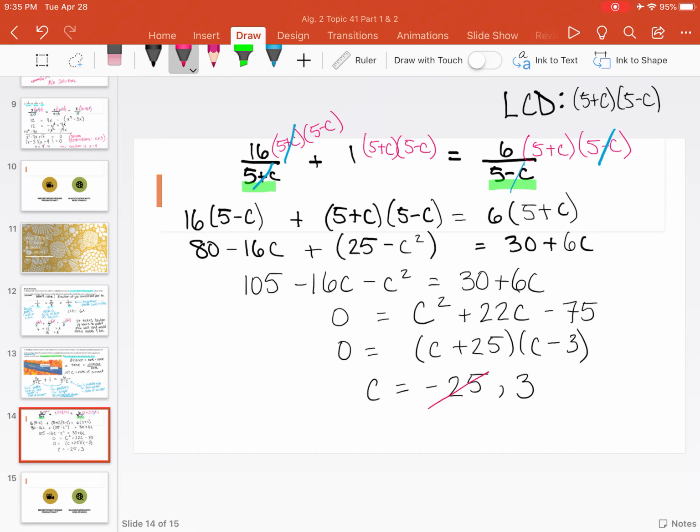So this negative 25 is extraneous because the current can't be a negative value. So that leaves us that the speed of the current must be 3 miles per hour.